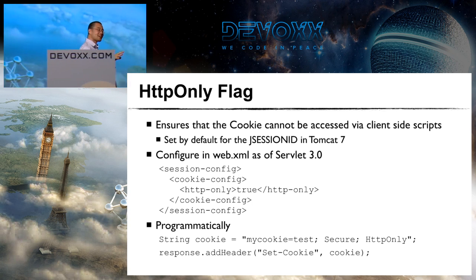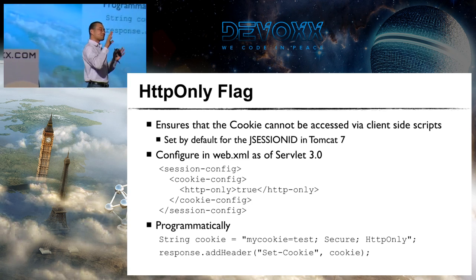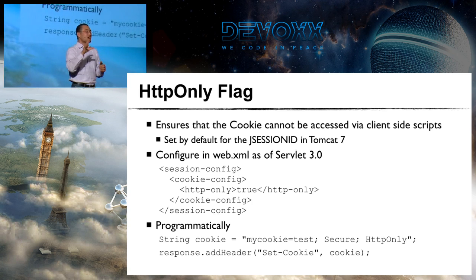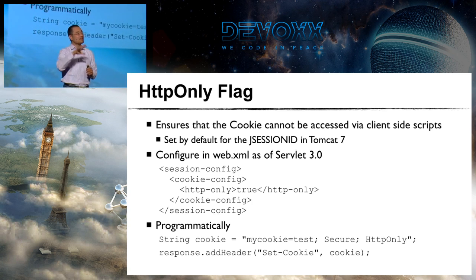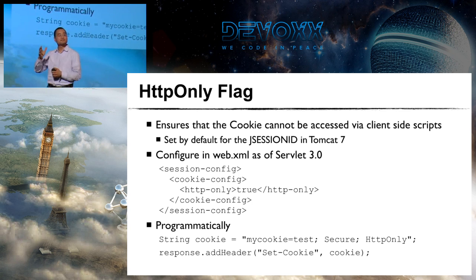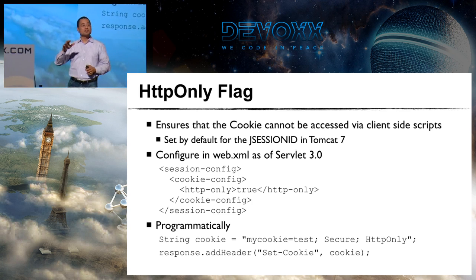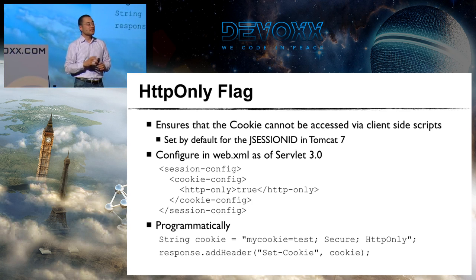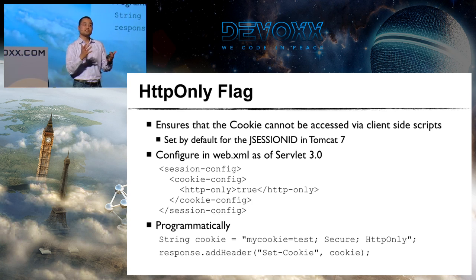The HTTP only flag specifically says that JavaScript and other client-side scripts running in your browser cannot access the contents of that cookie. Does that make sense? So this mitigates common cross-site scripting attacks, like attacks where hackers will try to steal your session ID using JavaScript, like we just saw with the alert pop-up box.